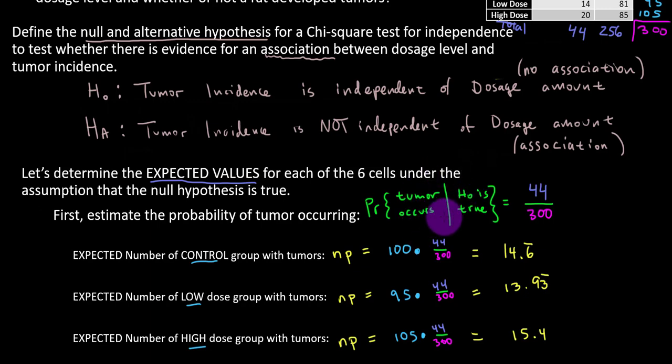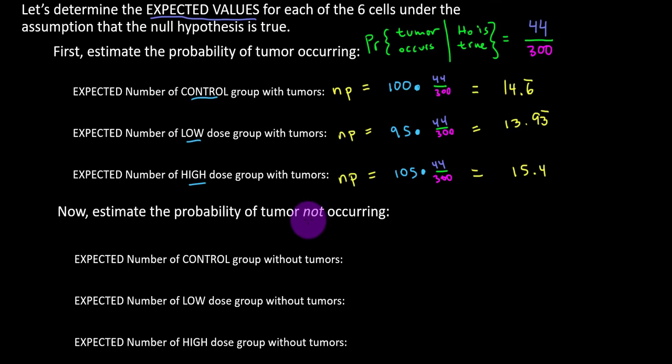We're going to determine the expected values for the other 3 cells up here. The process is going to be the same, except now this is going to be for the column that has no tumor occurring. So again, we need to do n times p for all of these. As we saw earlier, the n is going to fluctuate and the p is going to be different from the previous setup here.